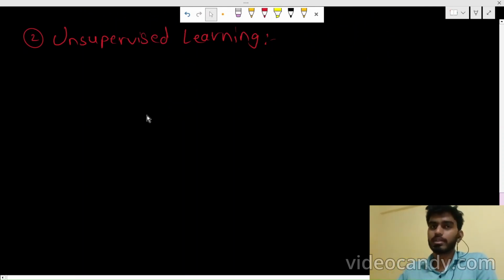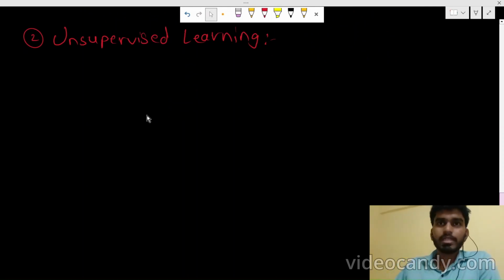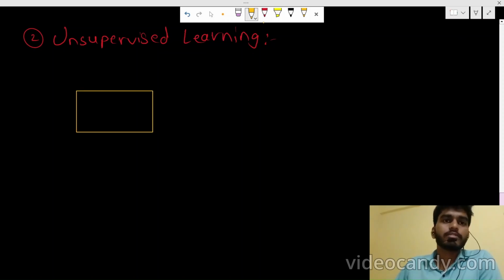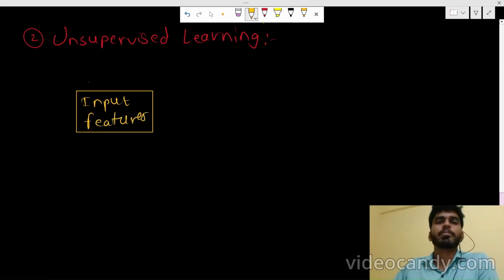Only input columns, only features, are there. Let's take the similar example of fruit classification. Here, the data or CSV will contain only input features.